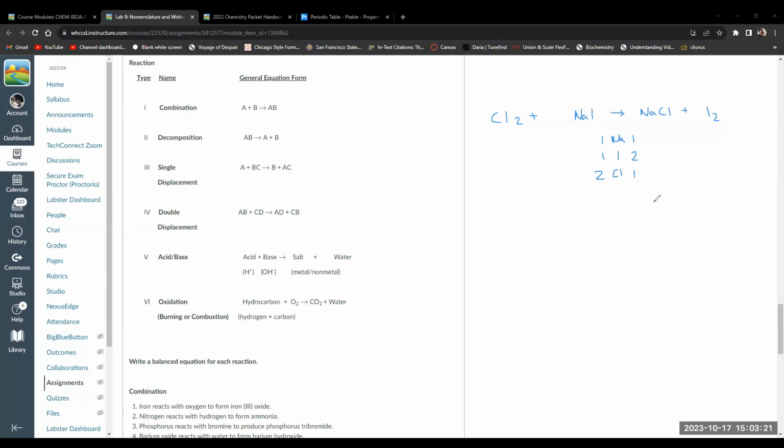How would I balance this? I would add a 2 here. Excuse me, 2 sodiums and 2 chlorines on the products.